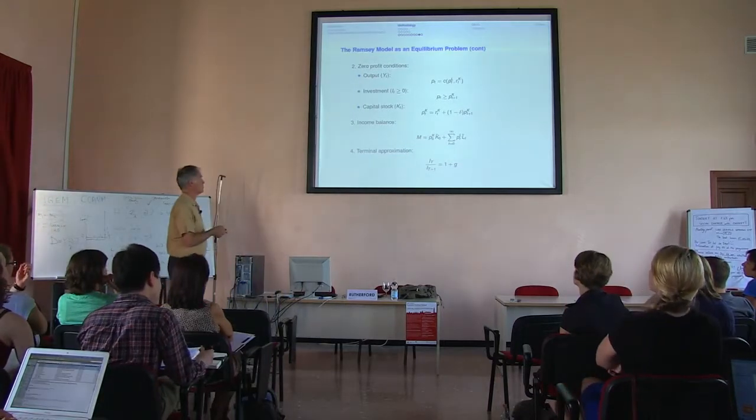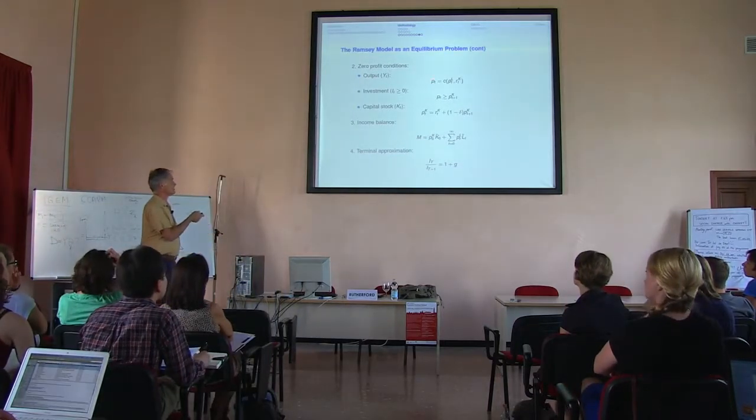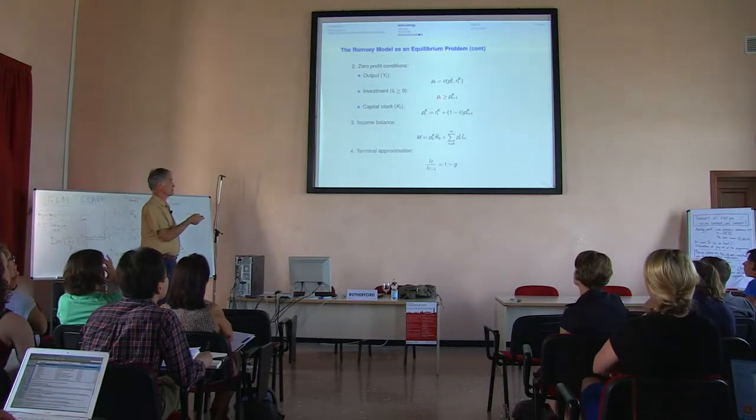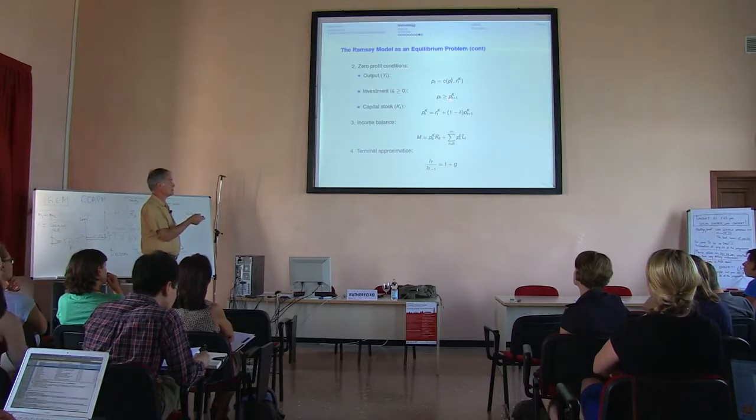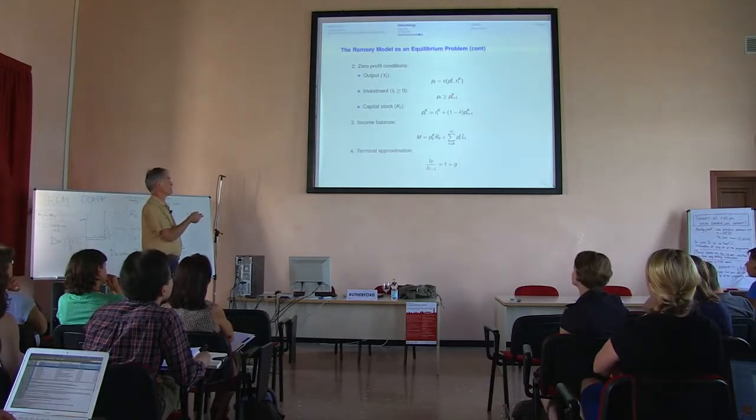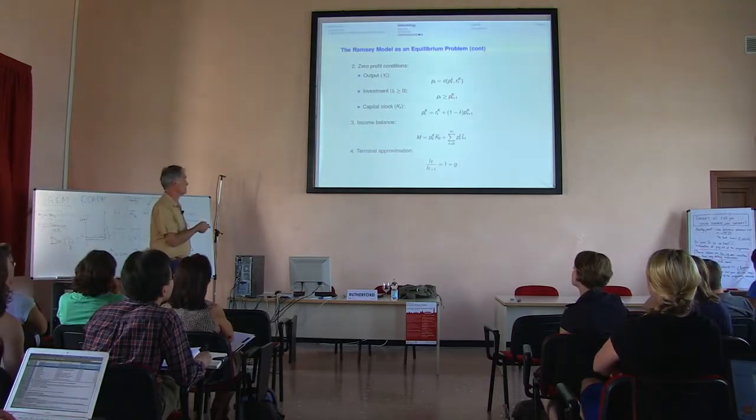In the equilibrium formulation, you have a condition that says the price of output is equal to the cost of production. Investment says that the cost of a unit of investment must be greater than or equal to the value of capital in the next period. The complementarity implies that if the value of output exceeds the value of a unit of capital in the next period, that's okay, but investment has to be 0.